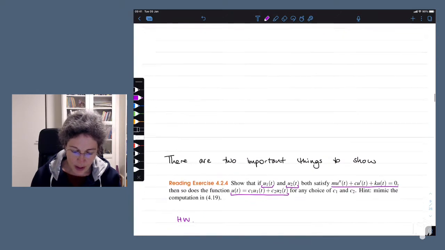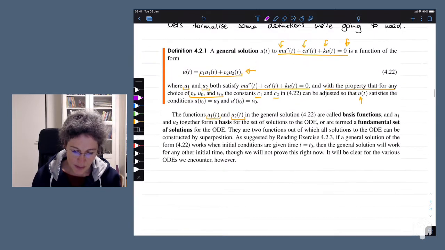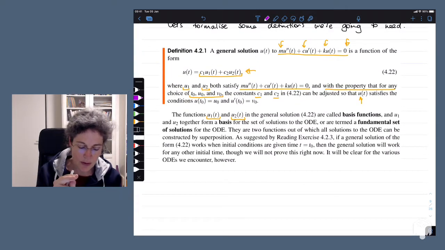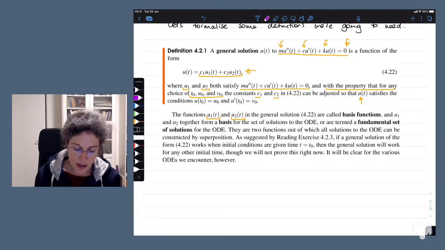So remember, our definition says that you're a general solution if you're a linear combination of two specific solutions, and for any choice of t0, u0, and v0, we can find c1 and c2 so that these initial conditions are met.